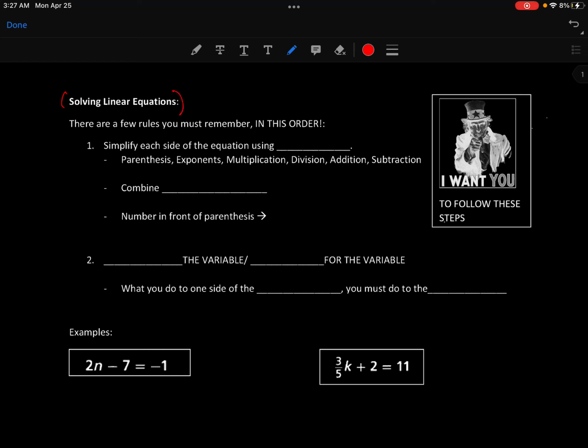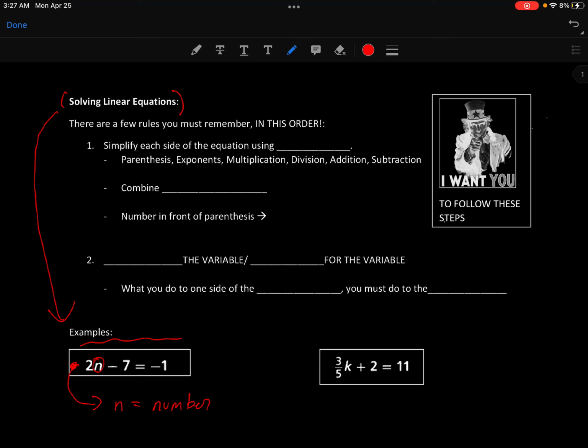Now what I mean by solve linear equations, well, whenever you have an equation that looks like this, you have just one variable and then a bunch of numbers, but this one variable does not look like n is equal to a number. Solving it means you're going from this state of the equation to here.